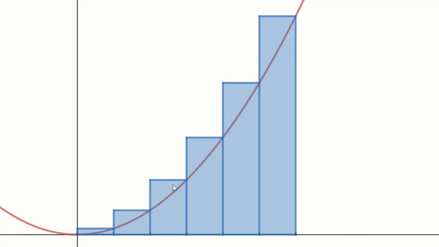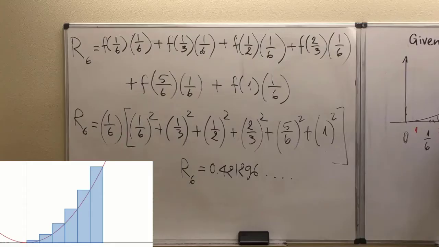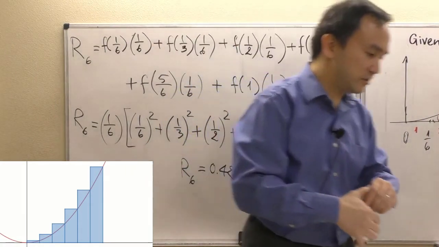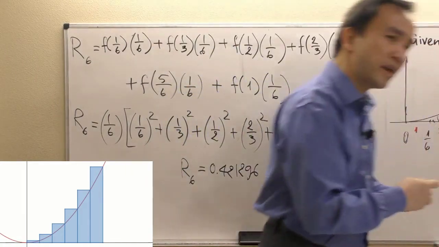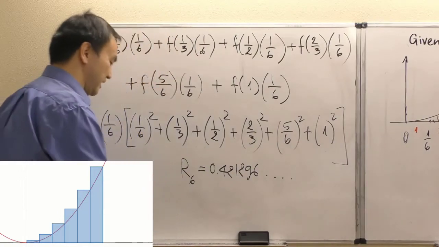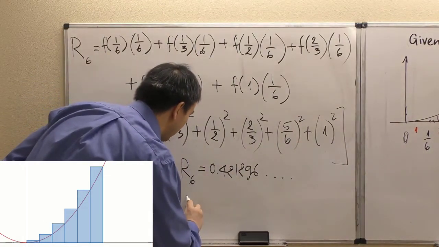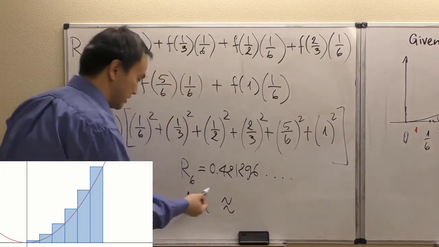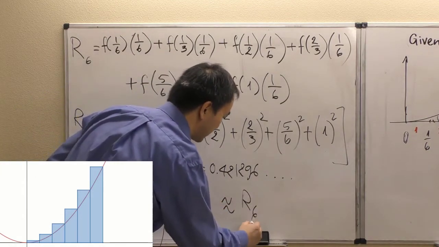So the overall blue area here comes closer to our designated area between the curve in red and the x-axis here horizontally. Again, pretend that you still didn't know the answer of the actual area, then you can always say that the area we're trying to achieve is approximated by R6.